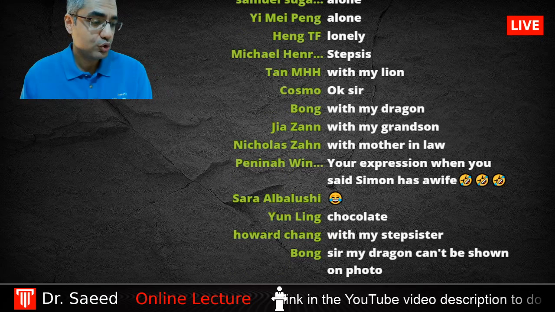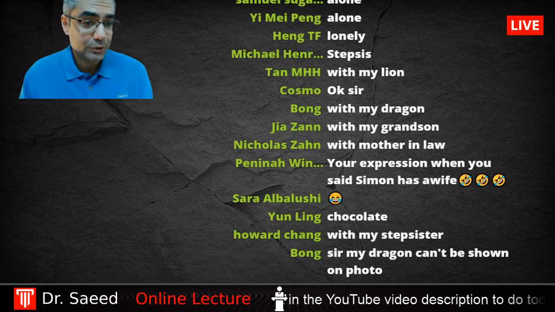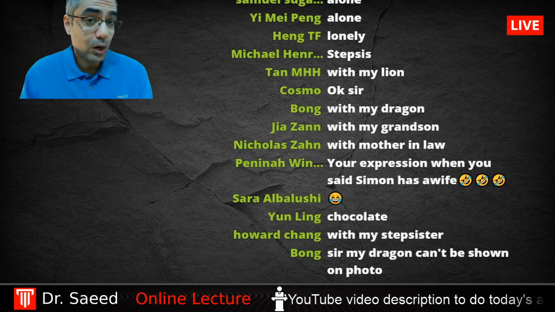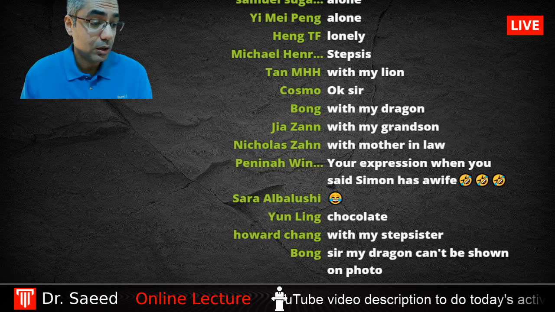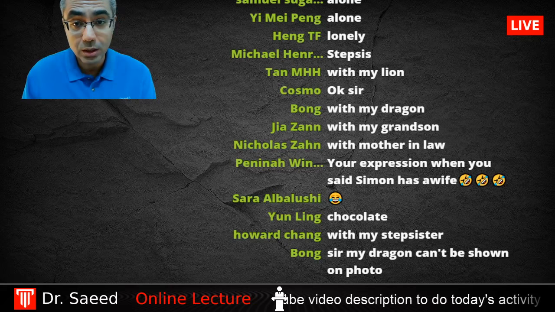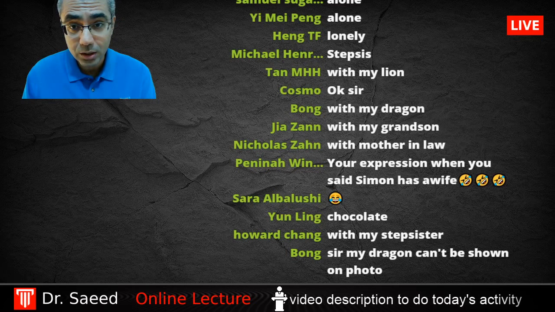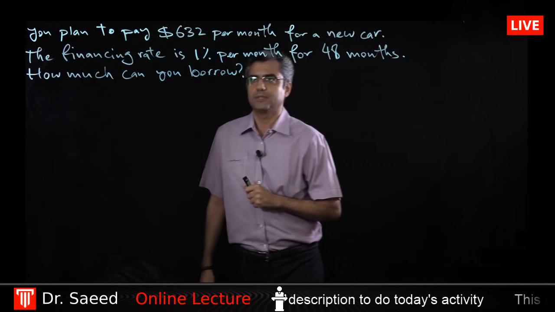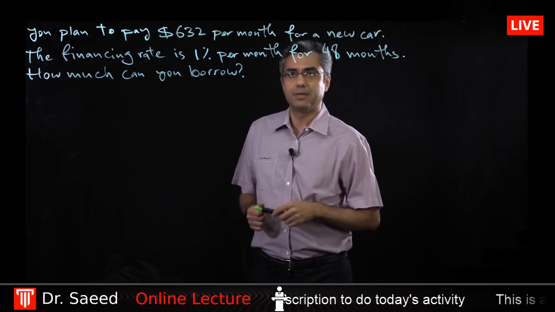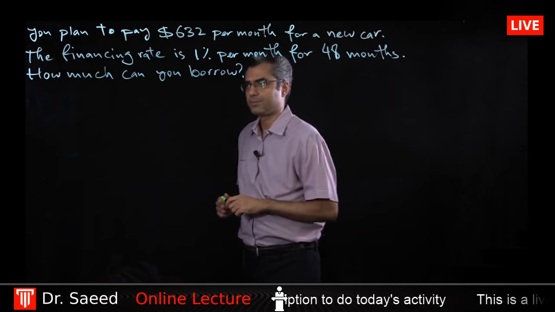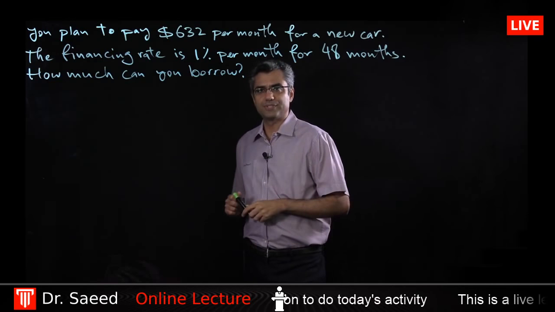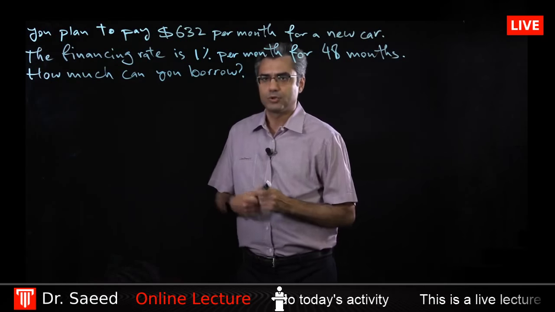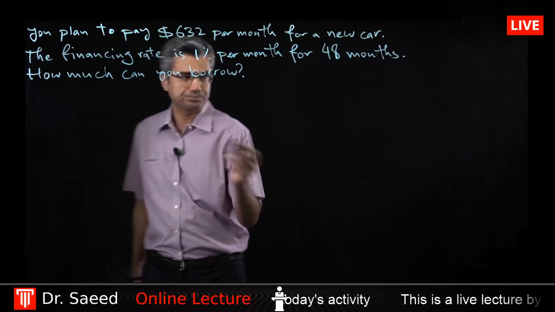So yeah, are you ready? 3, 2, 1. You plan to pay $632 per month for a new car. The financing rate is 1% per month for 48 months. How much can you borrow? So let's draw the timeline.